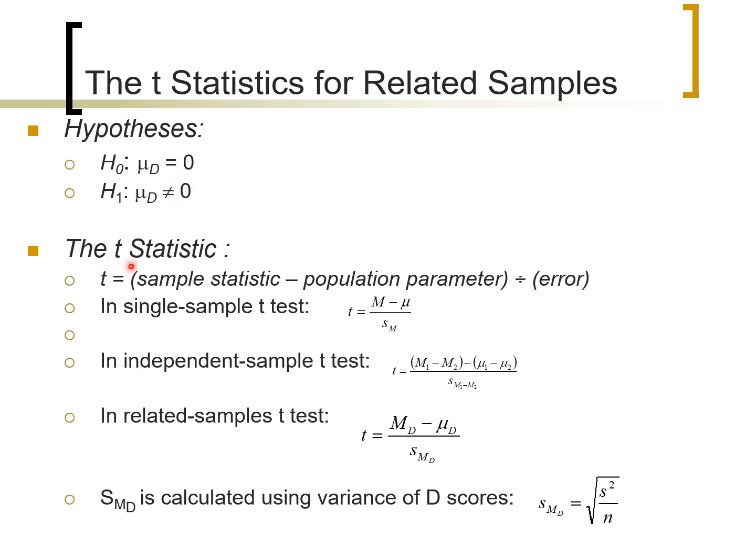So for the t-statistic, to see how all of our t-tests are related: in the single sample t, we have one sample mean minus a known population mean, over an estimated standard error. We use an estimated standard error because we don't actually have the population standard deviation, so we can't do a z-statistic.